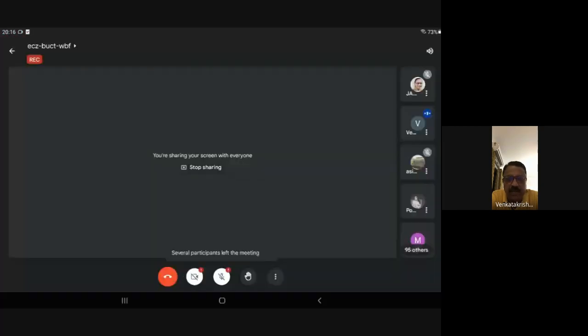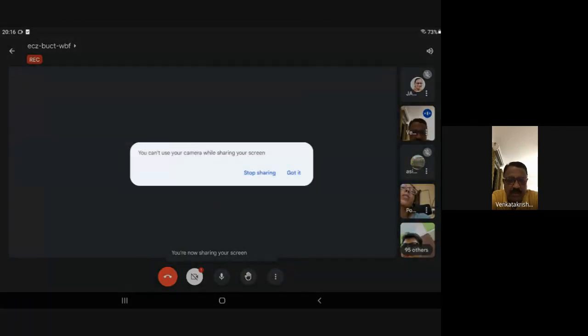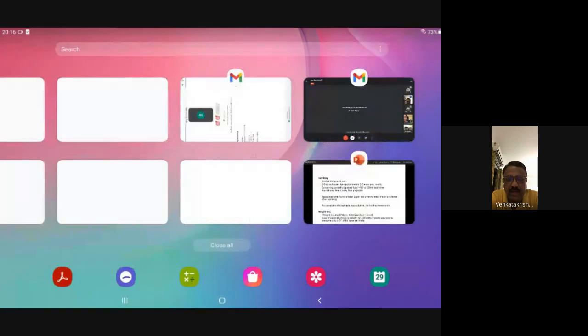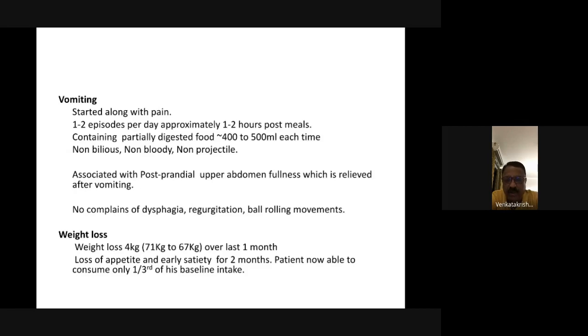And after 1 to 2 hours of eating, he is vomiting out all the stale food. So early satiety, anorexia, and weight loss in 2 months' time in a 66-year-old will tell you we are probably looking at some sort of GI malignancy. Anatomically, the symptoms of anorexia and early satiety commonly occur with which organ?